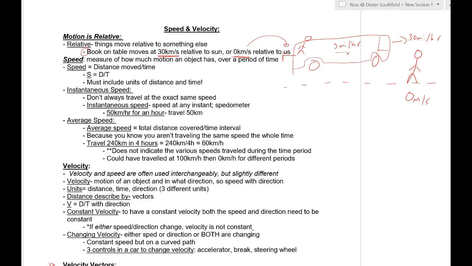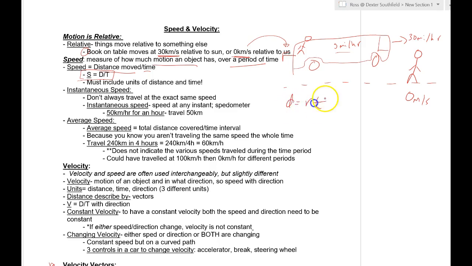When we're talking about speed, really what we're talking about is how much motion an object has over a period of time. We measure that by how far it moves, its distance divided by time. Much simpler, d over t. In math, you often talk about how distance equals rate times time.